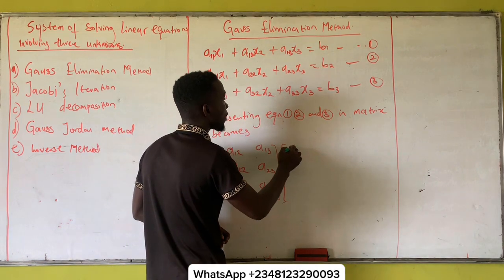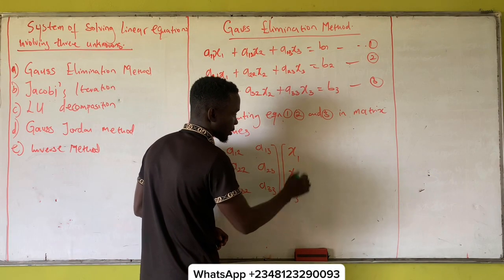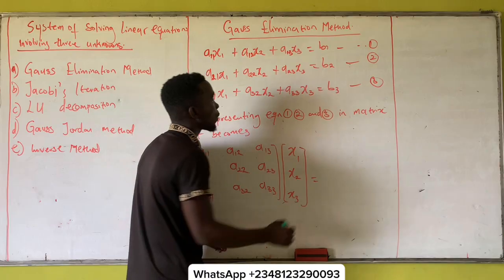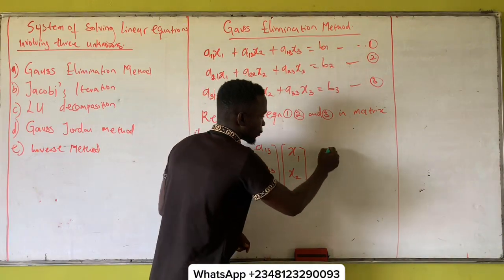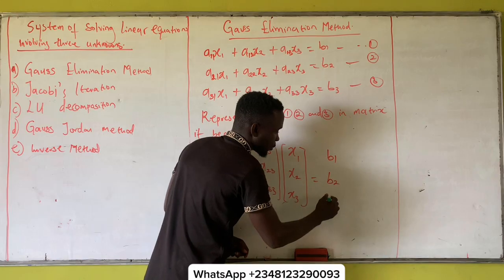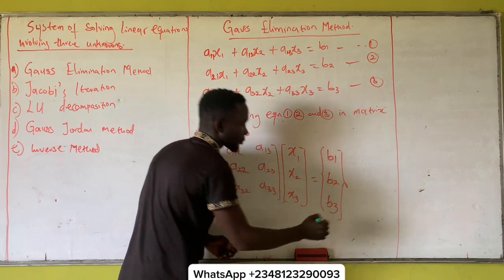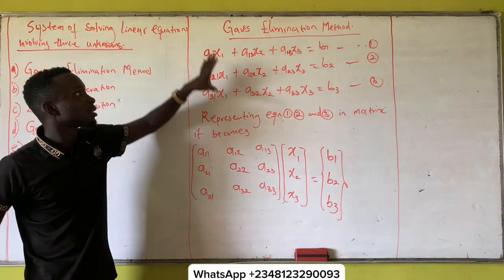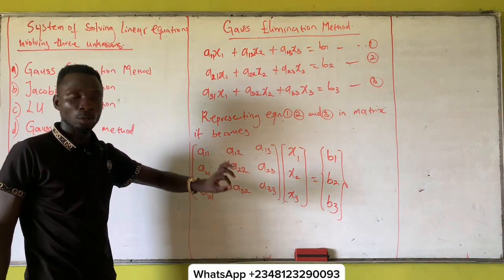Then you have x1, x2, x3 equal to b1, b2, and b3. So if you represent equation 1, equation 2, and equation 3 in matrix form, you are going to get this.